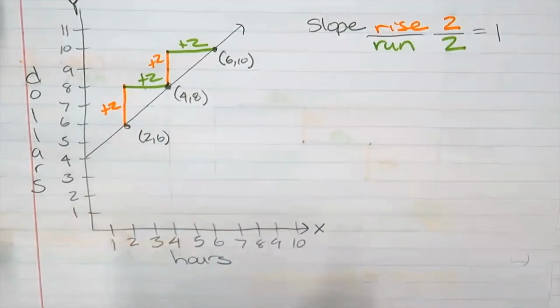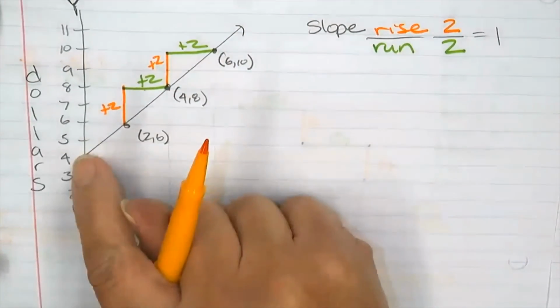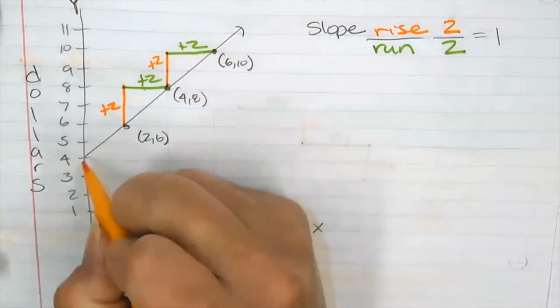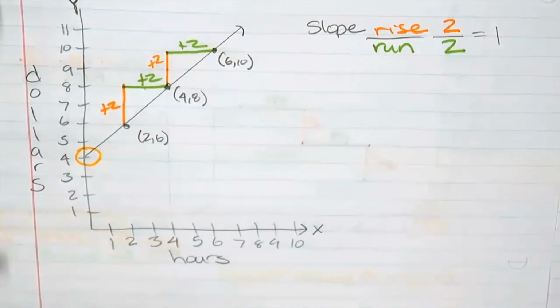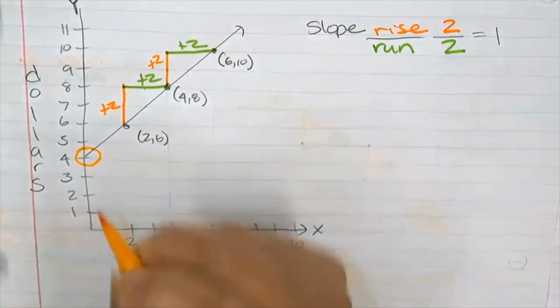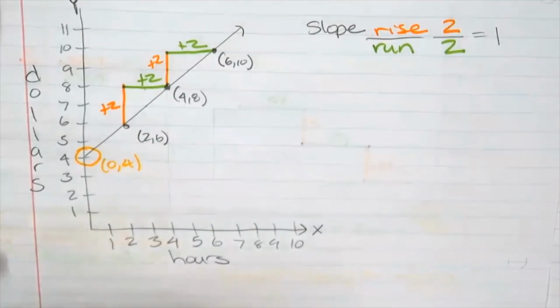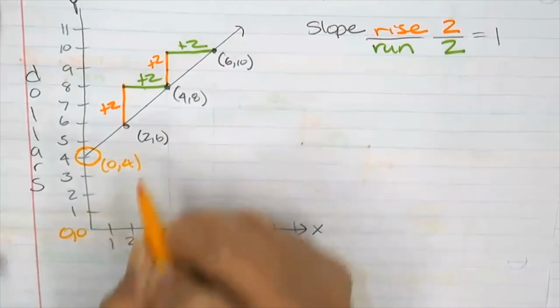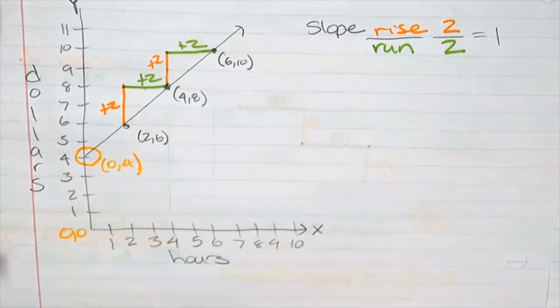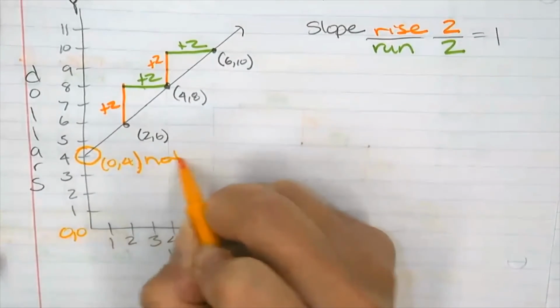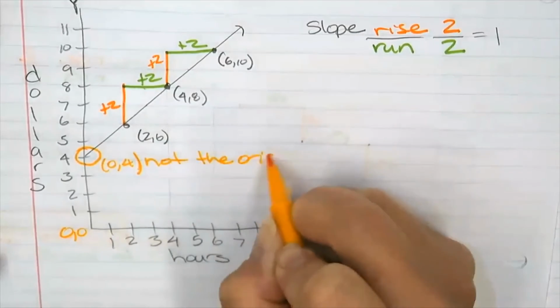But let's take a look. Where does our line cross the y-axis? Right here. This is 0, 4. This is our origin. This is not the origin.